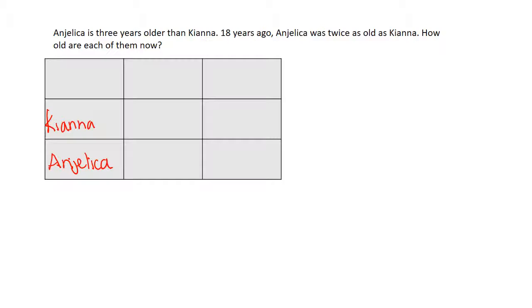And then we're going to put the age now right here, and then their age 18 years ago also along the top. Now in other problems that are similar to this, instead of 18 years ago, it might say in 10 years or 5 years ago, or something along those lines.